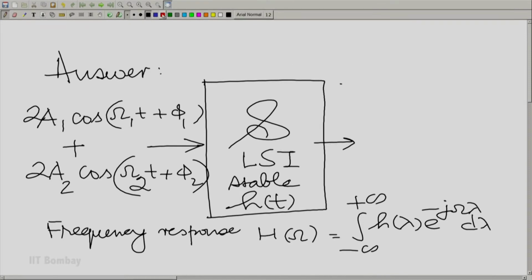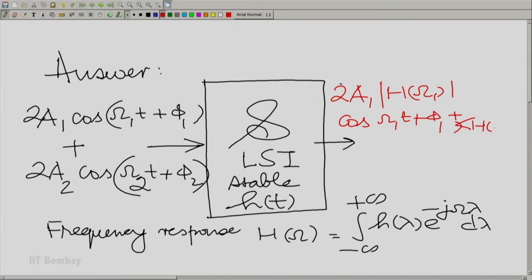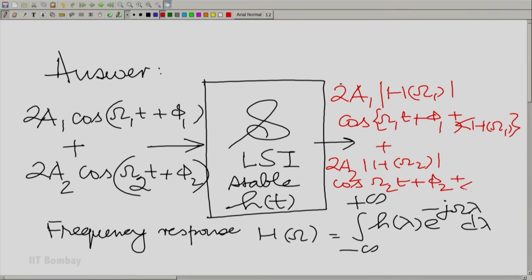The output is simply 2a1 mod h evaluated at omega 1 cos omega 1 t plus phi 1 plus the angle of h evaluated at omega 1, plus twice a2 mod h omega 2 cos omega 2 t plus phi 2 plus angle of h evaluated at omega 2.